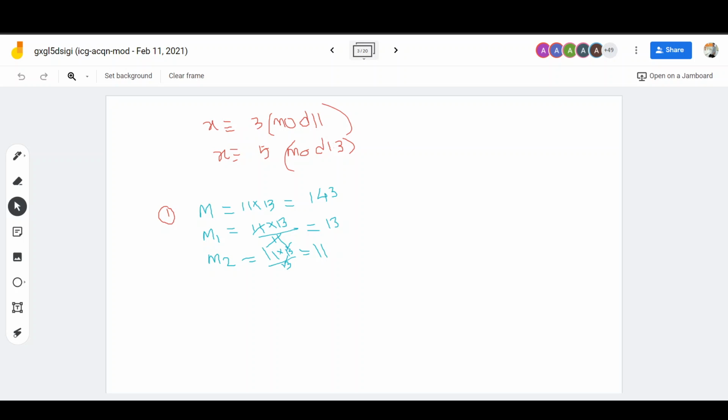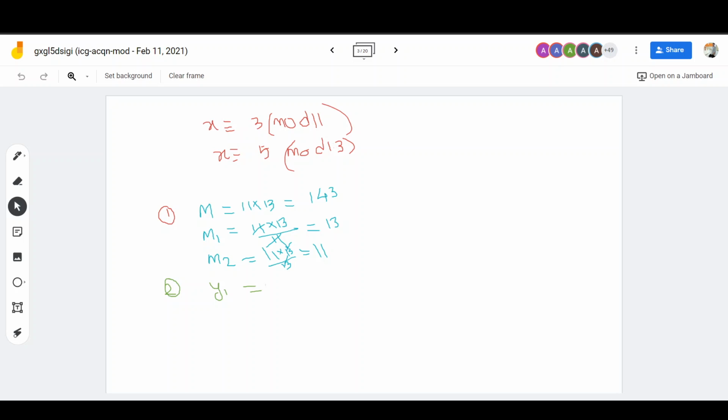Now we have to find the yi value. In the second step, first we need to find the y1 value. How will we find the y1 value? We have to find the inverse of M1 mod 11, that is, 13 inverse mod 11.